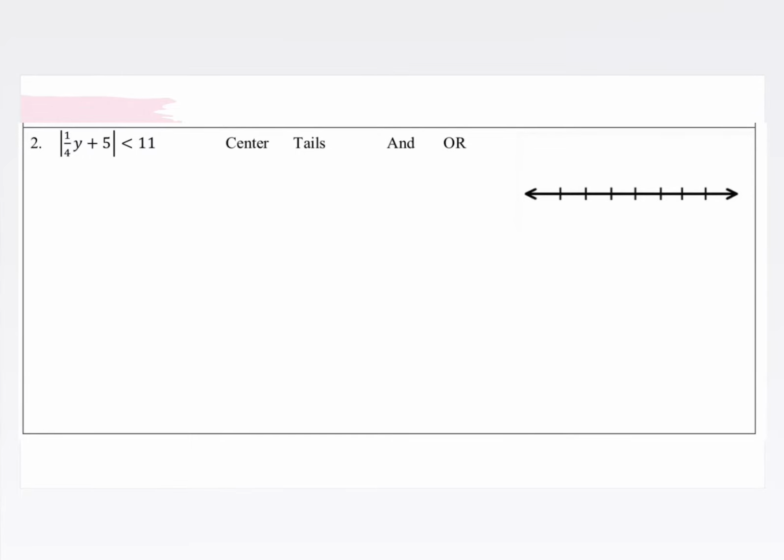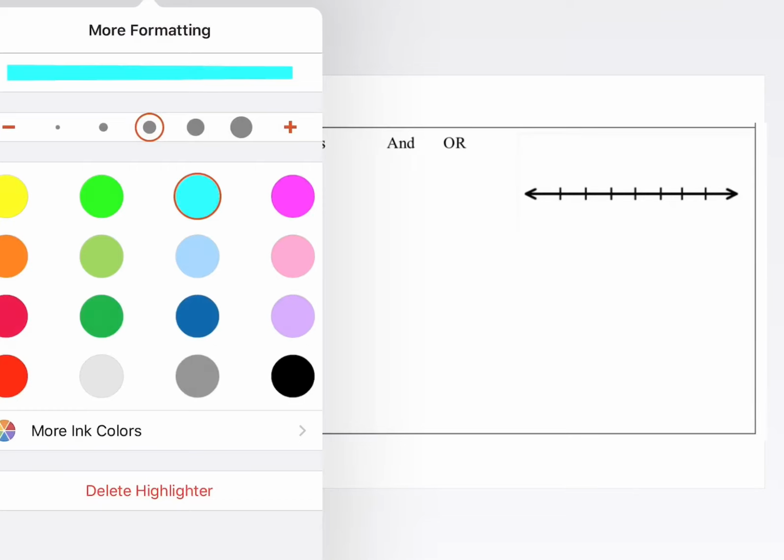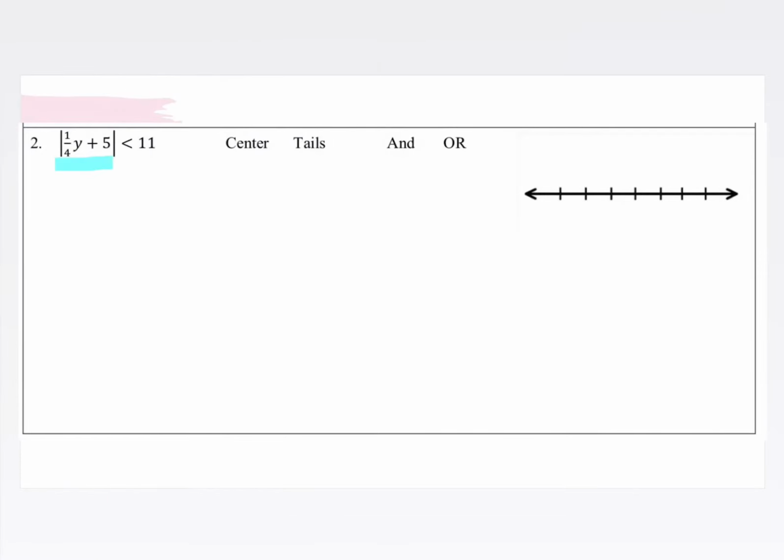Moving on to number 2, here we have the absolute value of 1/4 y plus 5 is less than 11. So again, we do not need to isolate our absolute value because it is already alone. We do not have any other stragglers. So we can just look at our inequality right here.